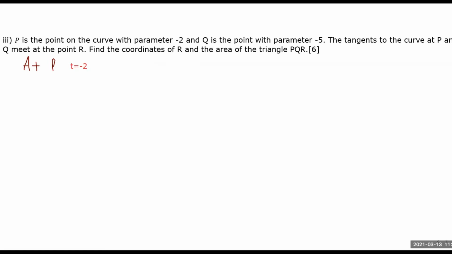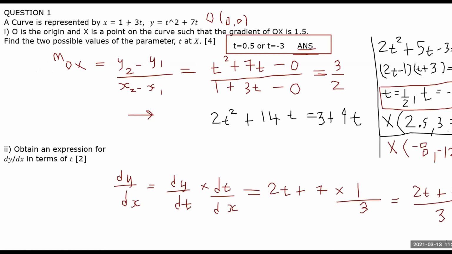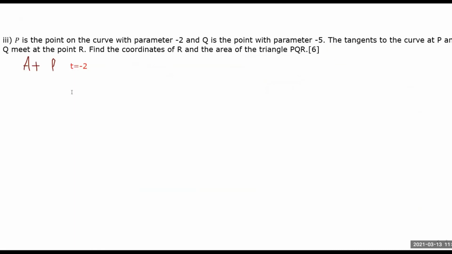And so we can find the coordinates of P using this. Remember, x is 1 plus 3t. So x is equal to 1 plus 3 times -2, which is 1 plus -6, which is -5. That's the x coordinate at P. Then we can find the y coordinate at P, which is t squared plus 7t.